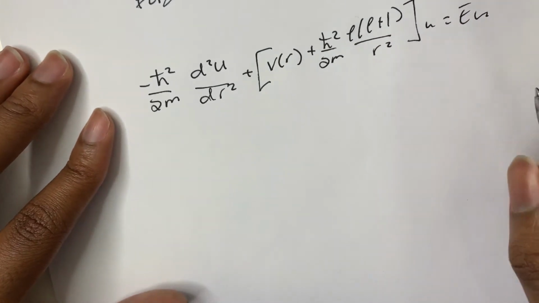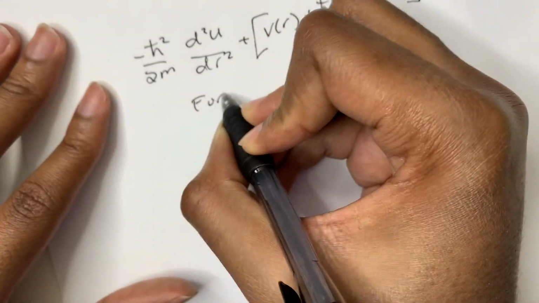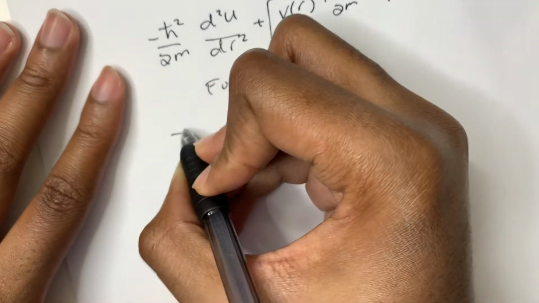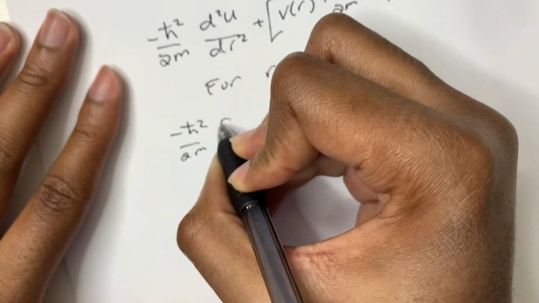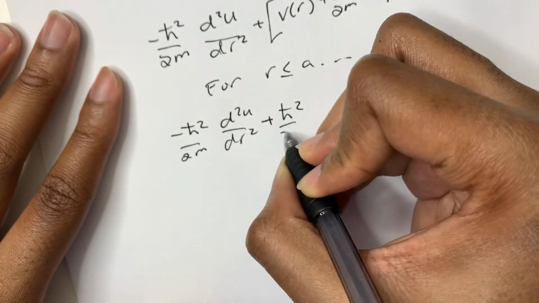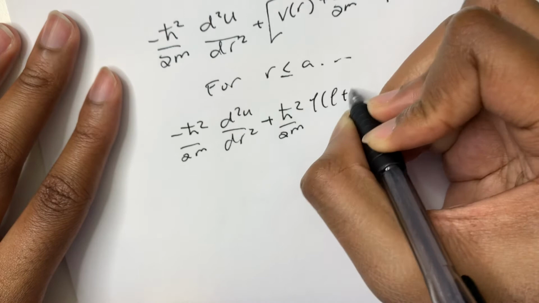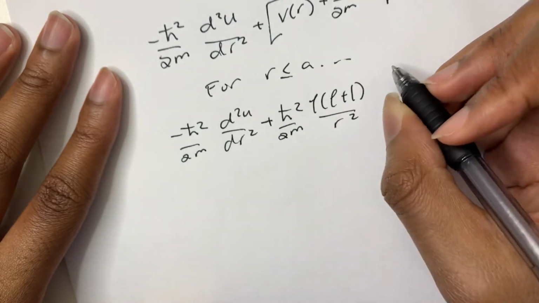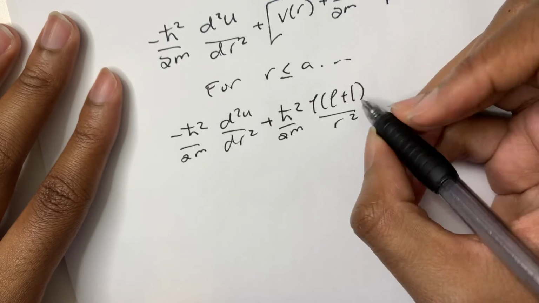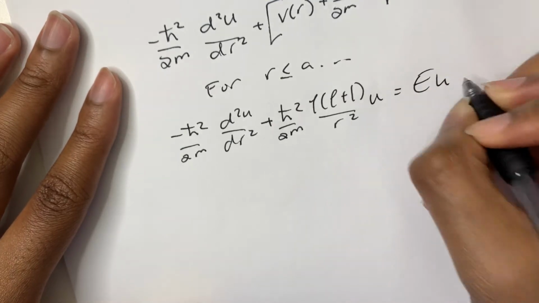Now for r less than or equal to a, we have minus h bar squared over 2m d squared u dr squared plus h bar squared over 2m l times l plus 1 over r squared u equals E u.